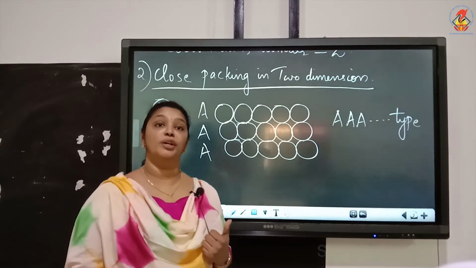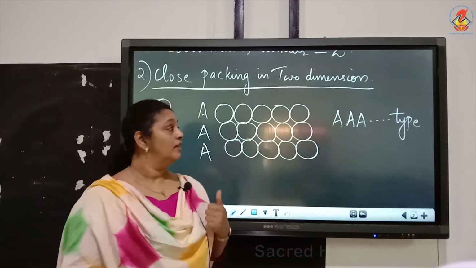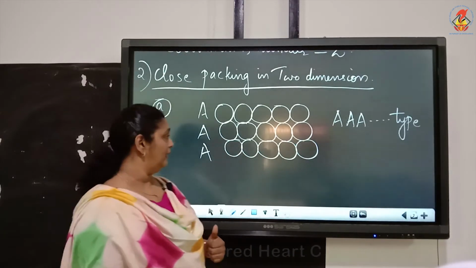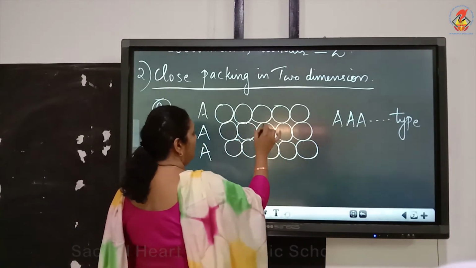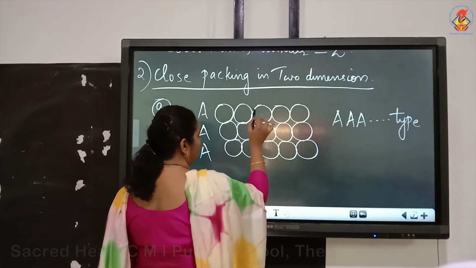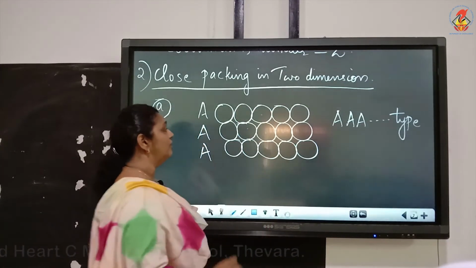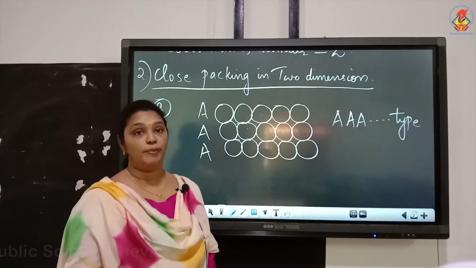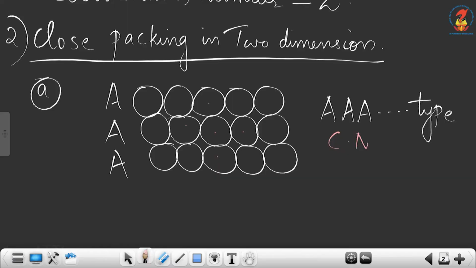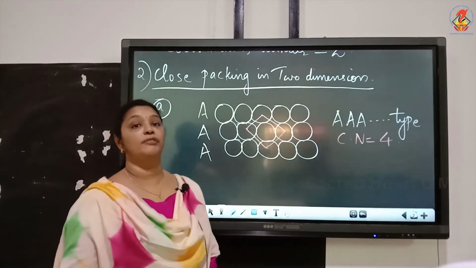Now, let us find out the coordination number of AAA type of close packing. Take any sphere, you can see that it is in contact with 4 spheres. So what is the coordination number of AAA type of packing? It is equal to 4. Again, if I join the centers of these nearest spheres, you get the shape of a square.